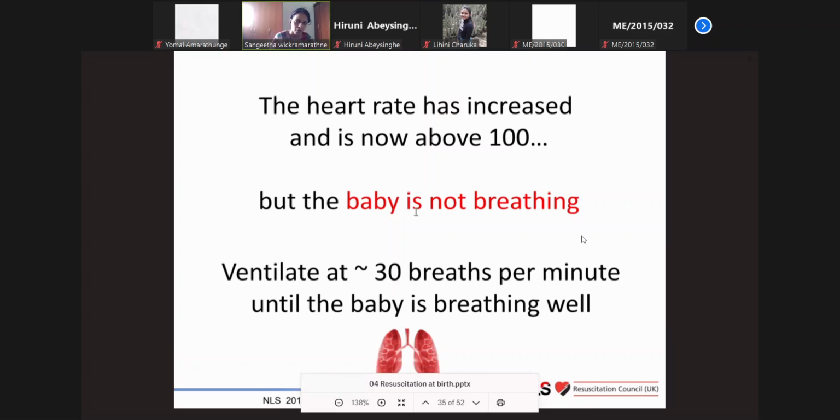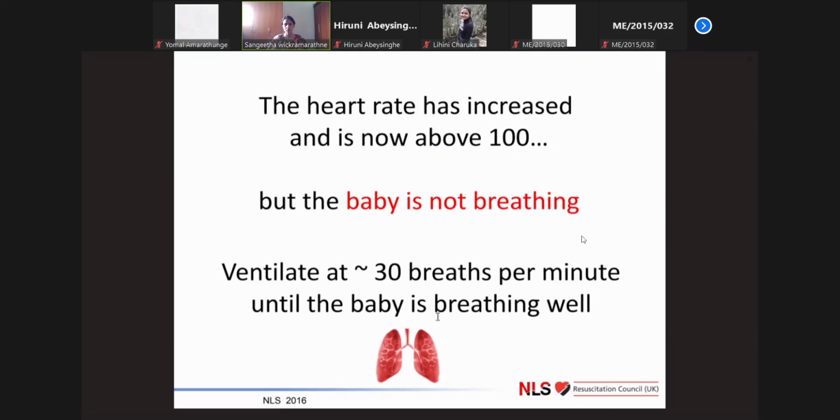So now you have inflated the lungs, you are happy, your heart rate also picked up, but the baby does not have spontaneous breathing. Then you have to continue with your ventilation breaths. I told you they are short breaths, not like with high pressures. If you have already inflated the lungs and you give high pressure, pneumothorax, right?